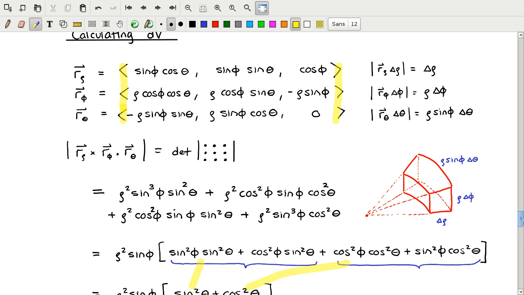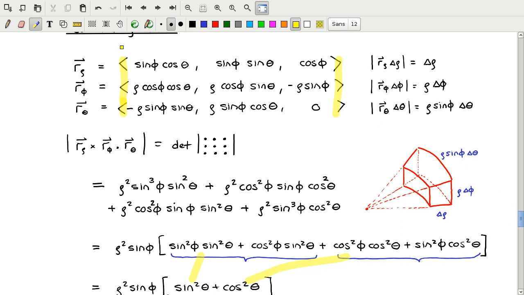A picture helps illustrate this a little bit. If we take these 3 direction vectors, r rho, r phi, and r theta, and take just the magnitudes of these 3 things, the first is delta rho. The magnitude of r rho delta rho is just delta rho. The magnitude of r phi is rho, and the magnitude of r theta is rho sine phi.